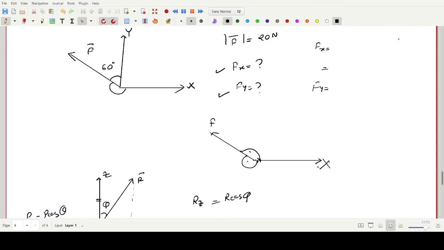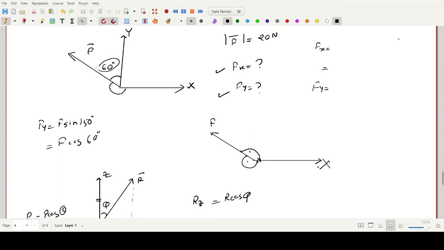Now this is the way. There are some other ways also. For example, as Khalid said, fy equals f sin 150 degrees. That is the correct answer, but we can also write it as f cos 60 degrees, right?